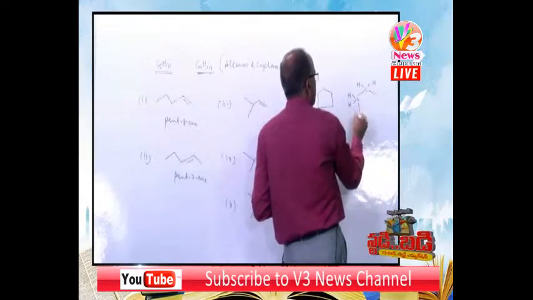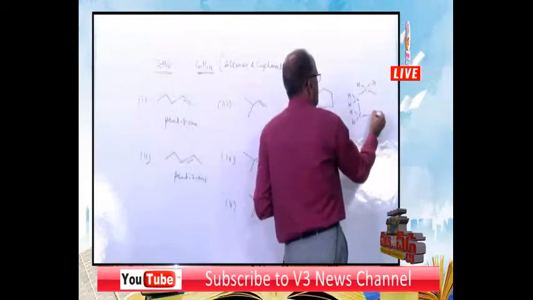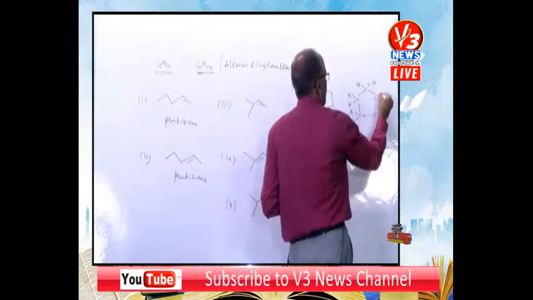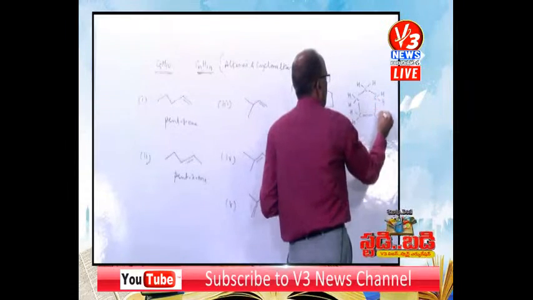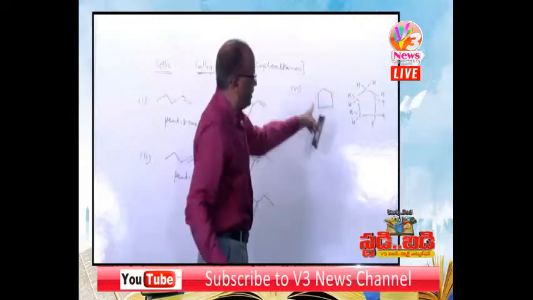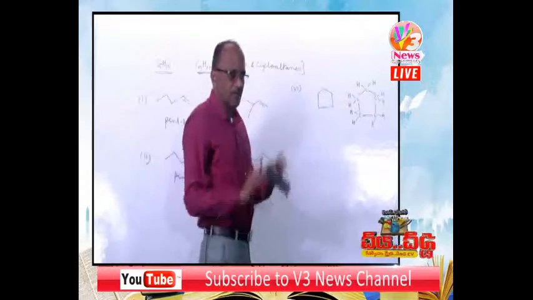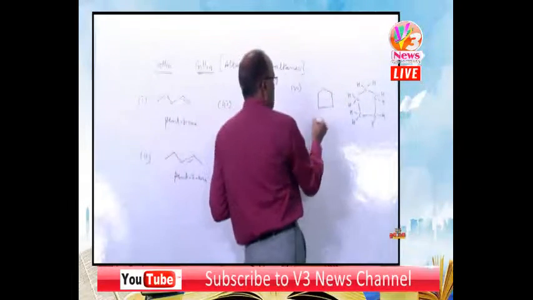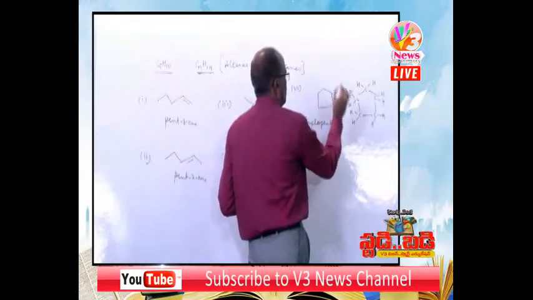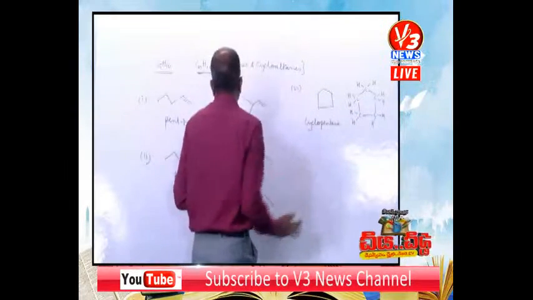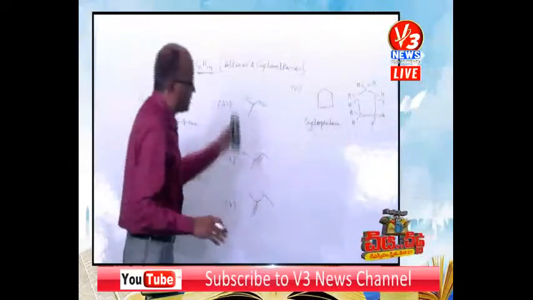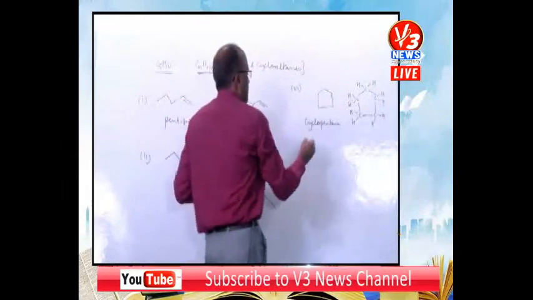Bond line model. We see elaborated structure of this one. It is like this. Okay, this one. Now if you observe 5 carbons in ring and single bonds between carbons, that is why this is cyclopentane. Okay, if you write IUPAC names of all these compounds, later we will see this one.